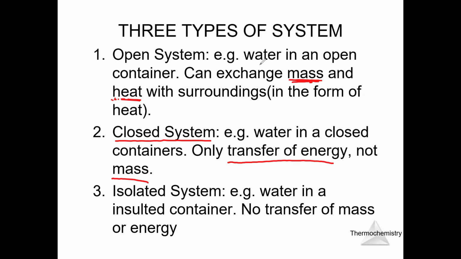If you have such a system, it is considered a closed system. For example, let's say you have a container like this, and the container doesn't allow the movement of carbon dioxide between the system and the surrounding, but it allows the exchange of energy.